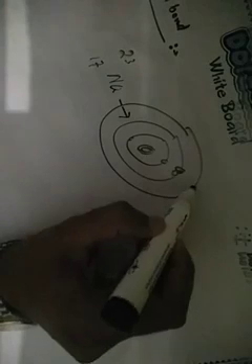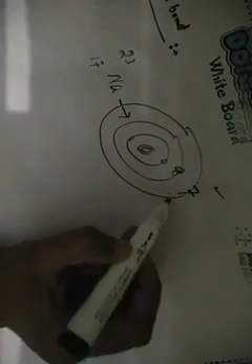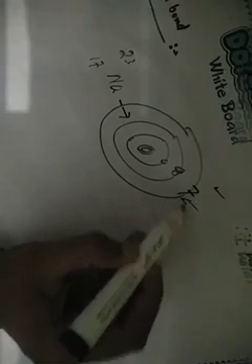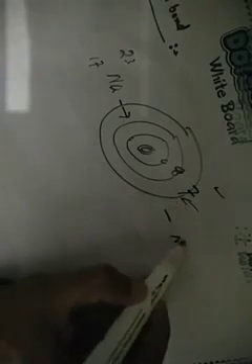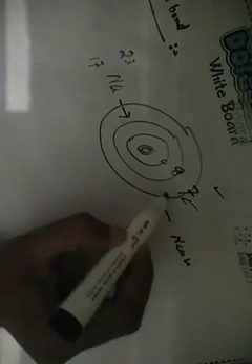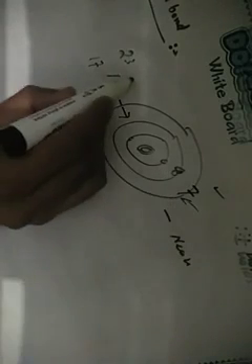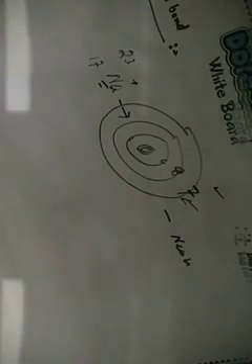When it loses one electron, its electronic configuration changes. Its first shell has 2 electrons, its second shell has 8 electrons, and its third shell has 1 electron, and it is in group 1. So it loses one electron to get the electronic configuration of neon, and then the sodium atom becomes the sodium ion. It becomes positively charged, right?